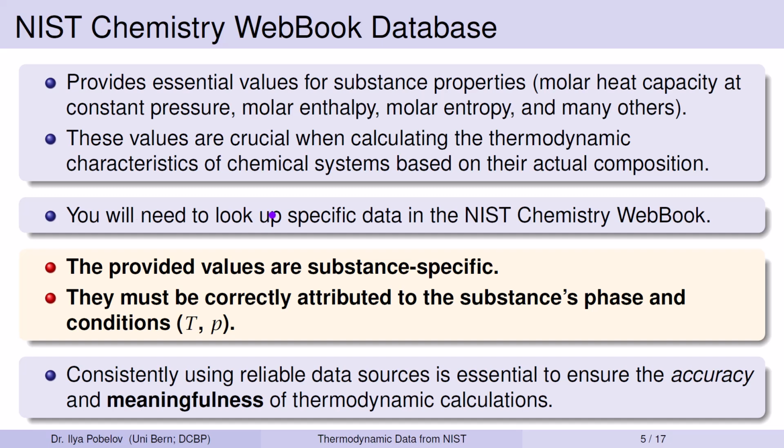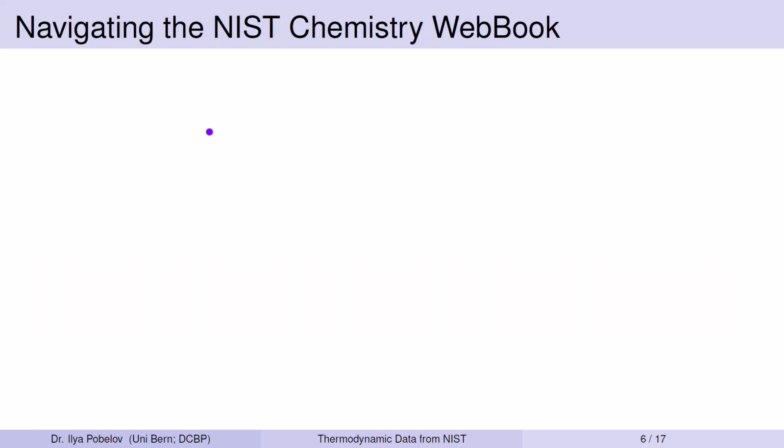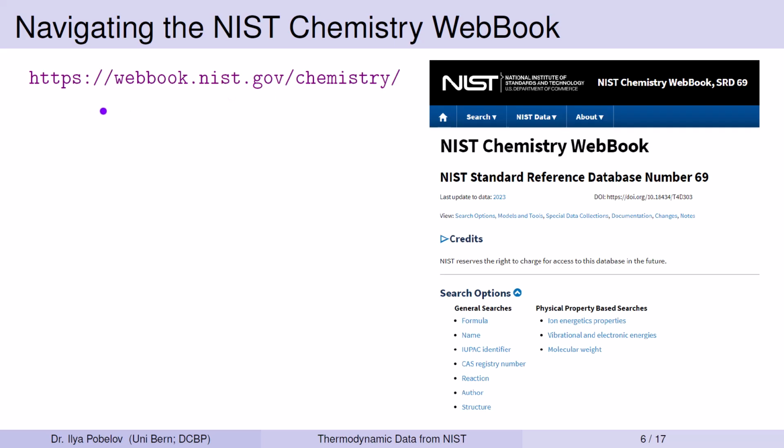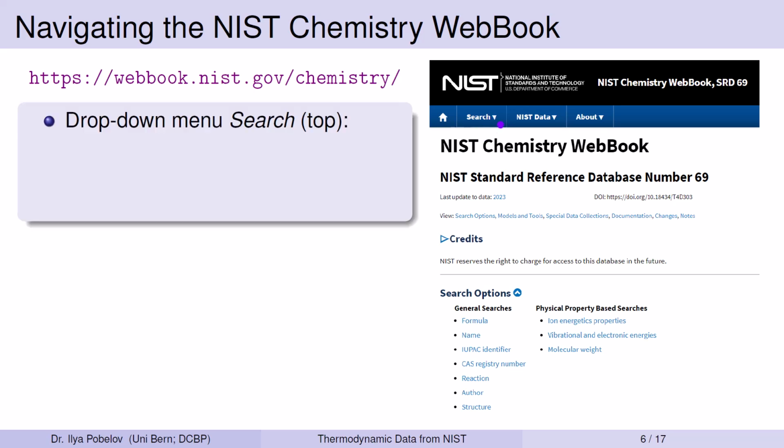Let's start by getting familiar with the NIST Chemistry Webbook interface, which will be our primary tool for accessing thermodynamic data. To begin, navigate to the NIST Webbook homepage. You will see a drop-down menu labeled Search at the top, showing the most common types of input information.